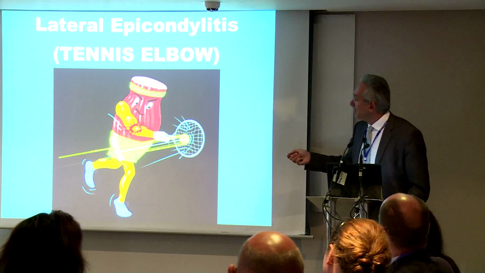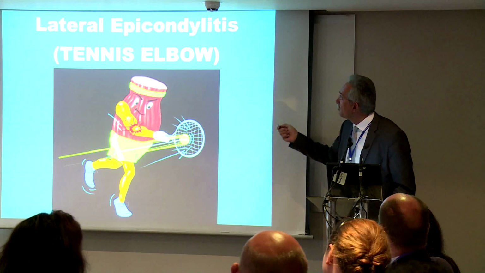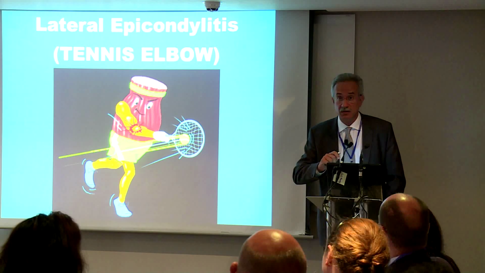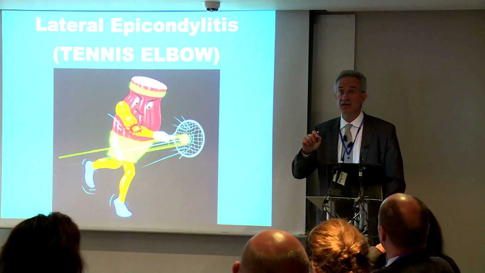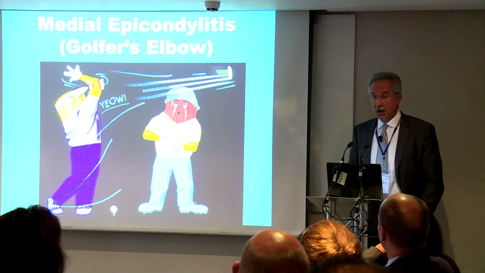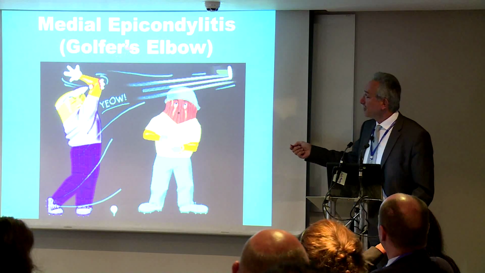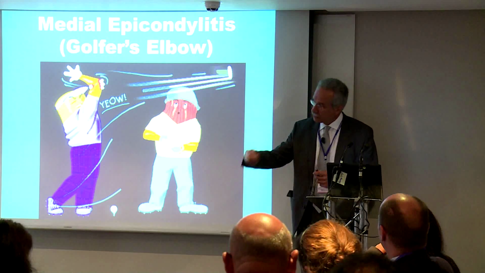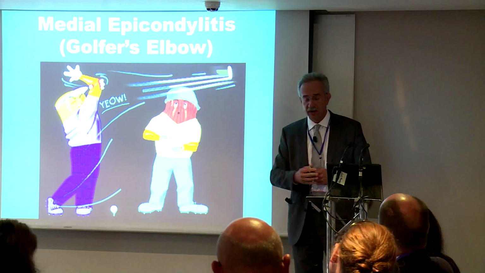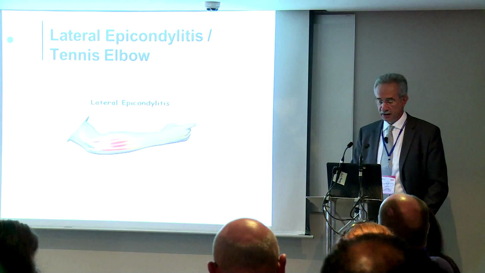This is why we call lateral epicondylitis tennis elbow, because 40% of tennis players get this condition. In contrast, golfers, who use the flexors, get medial epicondylitis, and the prevalence is much lower. I'll show you later.